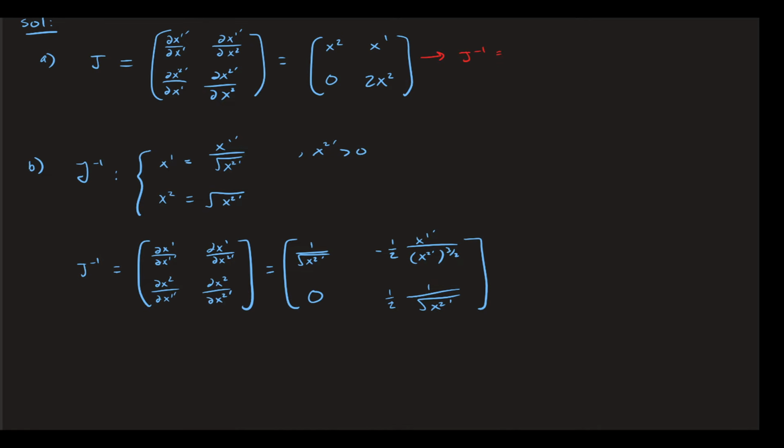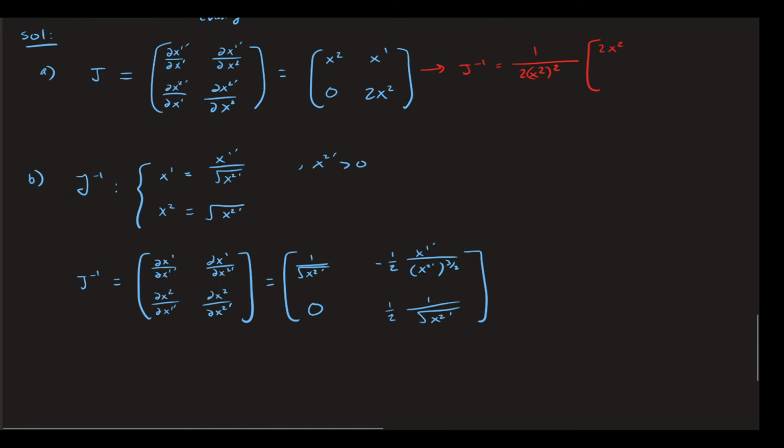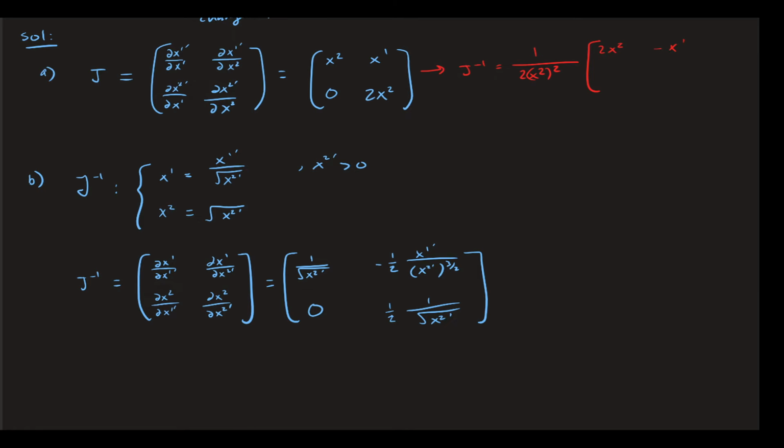Well, the inverse of this matrix would be 1 over the determinant, which would be 2x2 squared, times the adjoint, so it would be 2x2, negative x1, 0, x2, which would be 1 over x2, negative 1/2 x1 over x2 squared, 0, and 1/2 times 1 over x2.